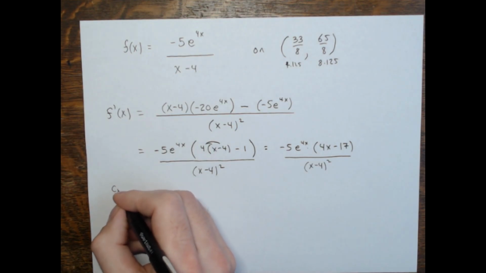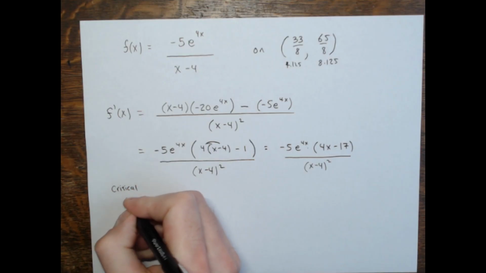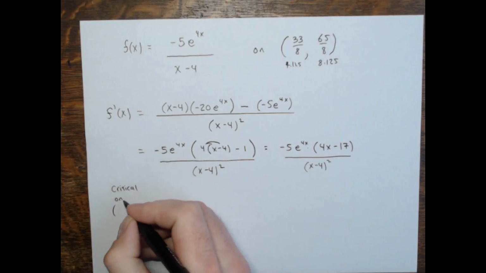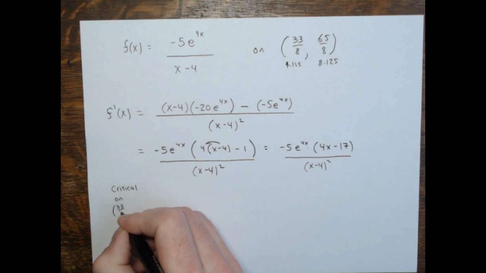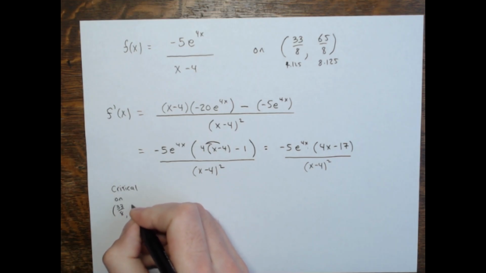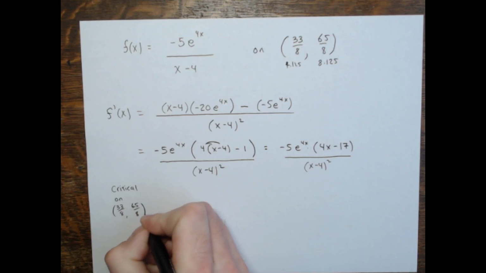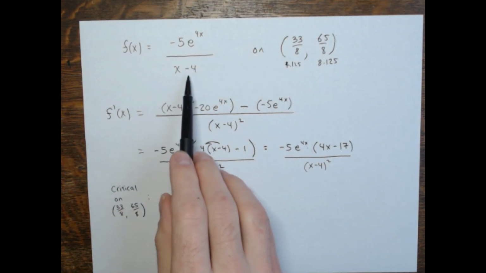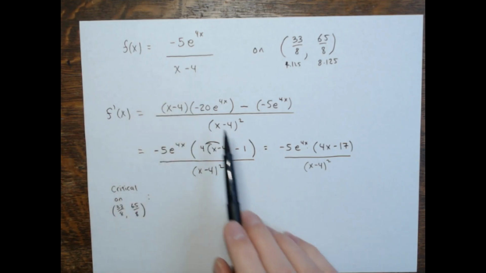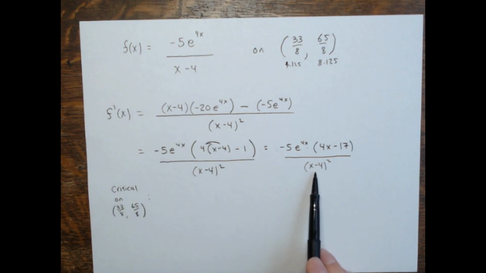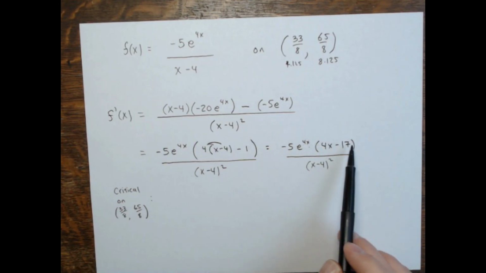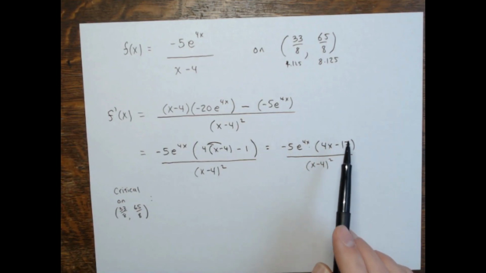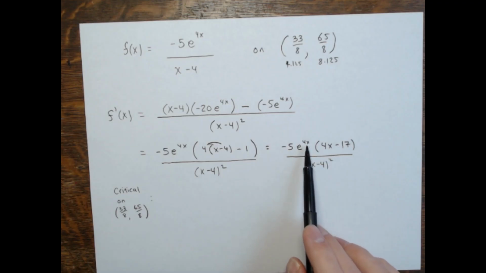So the critical values that are on this interval, between 33/8 and 65/8. Right now, 4 isn't in there, obviously, and 4 isn't even part of the original domain. So don't worry about 4. That makes the denominator 0. So just really focus on what makes the numerator 0. Now, exponentials are not going to be 0. E to the 4x will be a positive number.